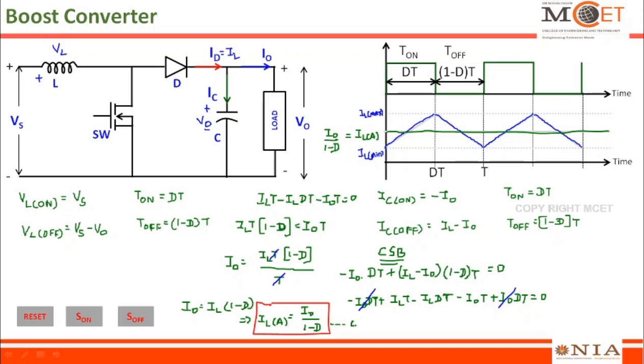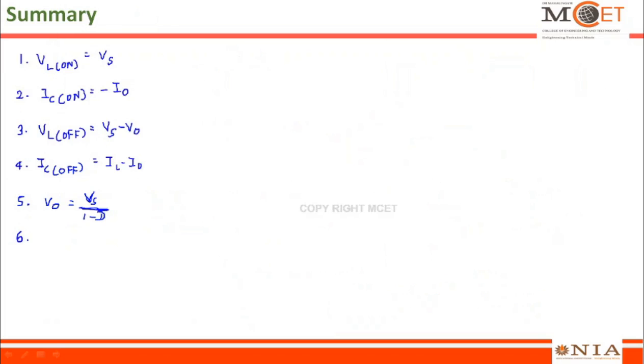And let it be expression 6, and let me take this expression 6 to the summary sheet and we will write it there. So IL average is equal to I naught whole divided by 1 minus D.